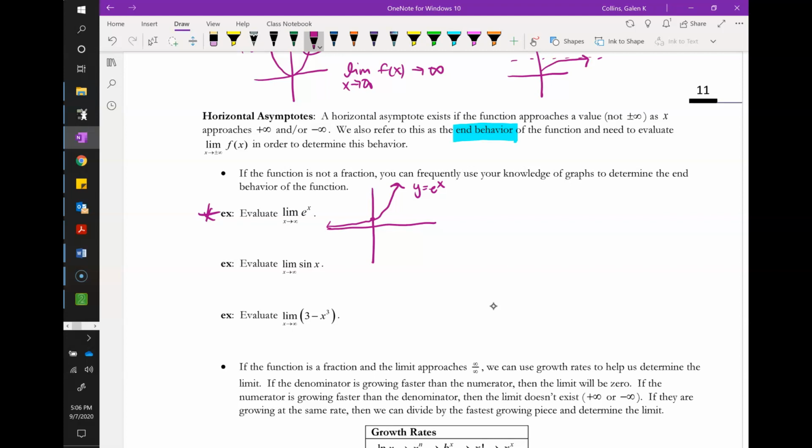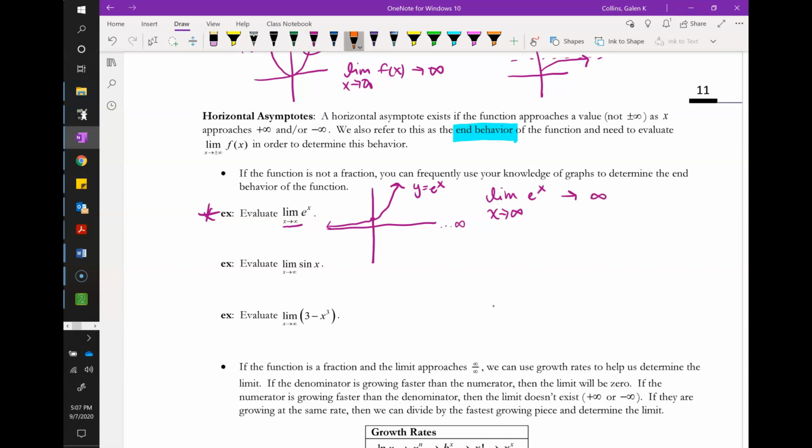So if we're asked to evaluate the limit as x approaches positive infinity, that's to the right. So as I look at the graph of e to the x, I can see that that graph does not have a horizontal asymptote. In fact, it goes on to infinity. So the limit of e to the x as x approaches infinity, well, we could say that it does not exist, or we could say that that goes to infinity.